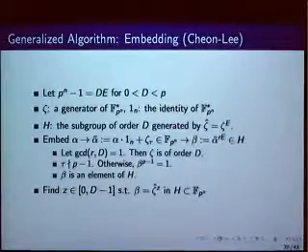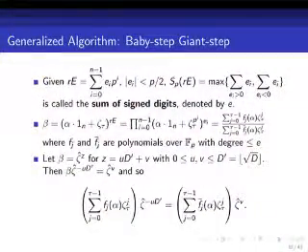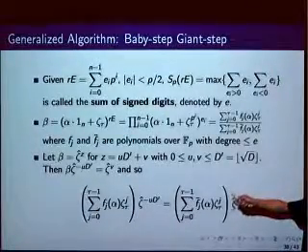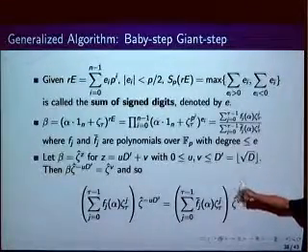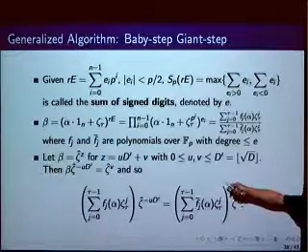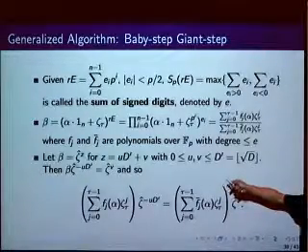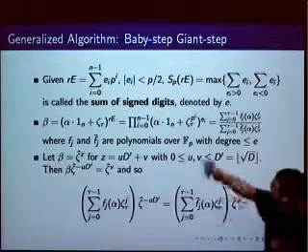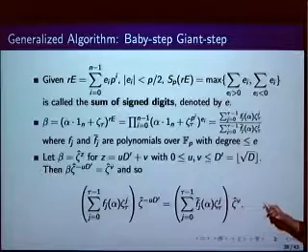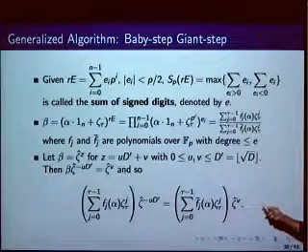Here we use some technique. Let's consider a p-adic representation of re. Then re is written as a summation of e_i times p to the i. Since p is the characteristic, the p powers come into this part.